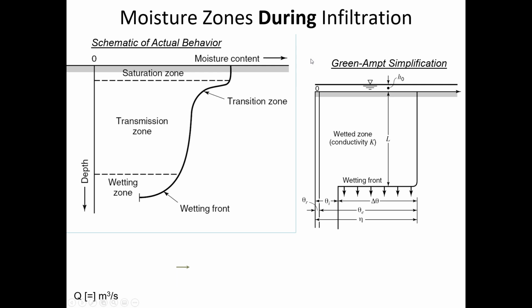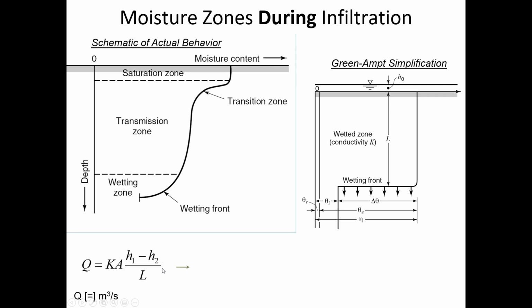So this Green-Ampt simplification is just a way for us to calculate how quickly the water is moving downward. And it starts with Darcy's law, the thing we looked at before that was describing the volumetric flow of water through a packed column, and the driving force being the gradient of head divided by the length.